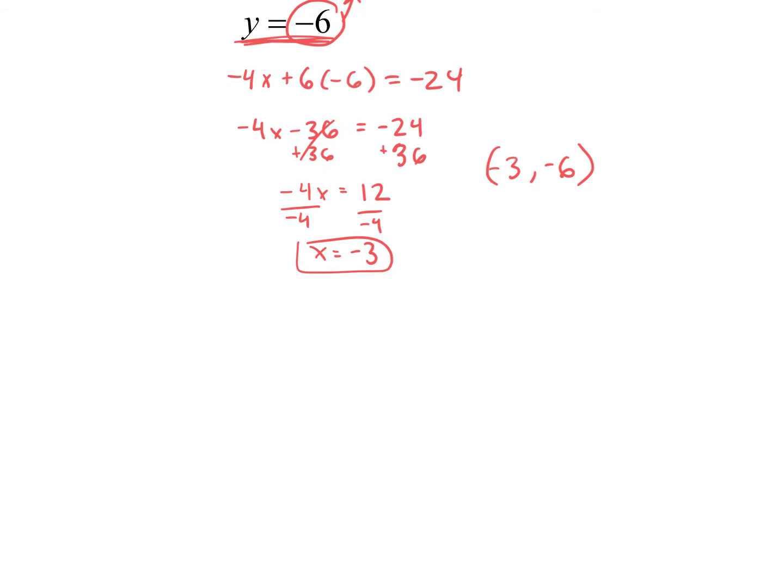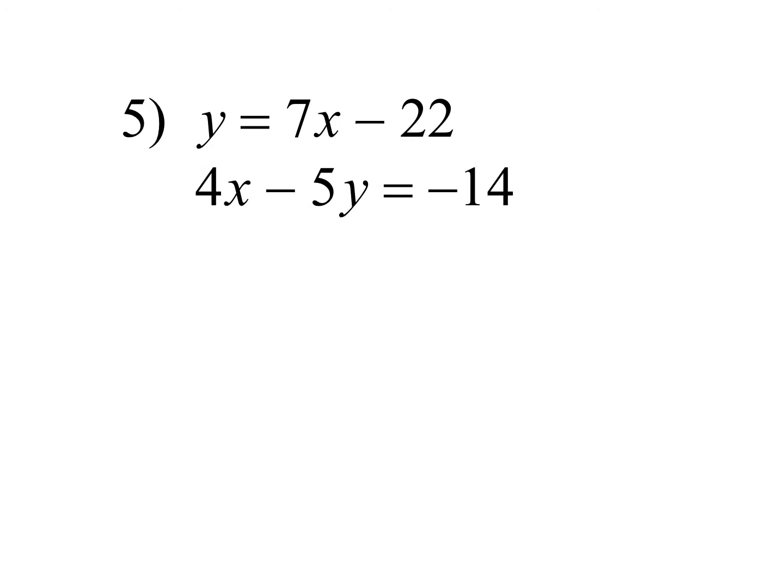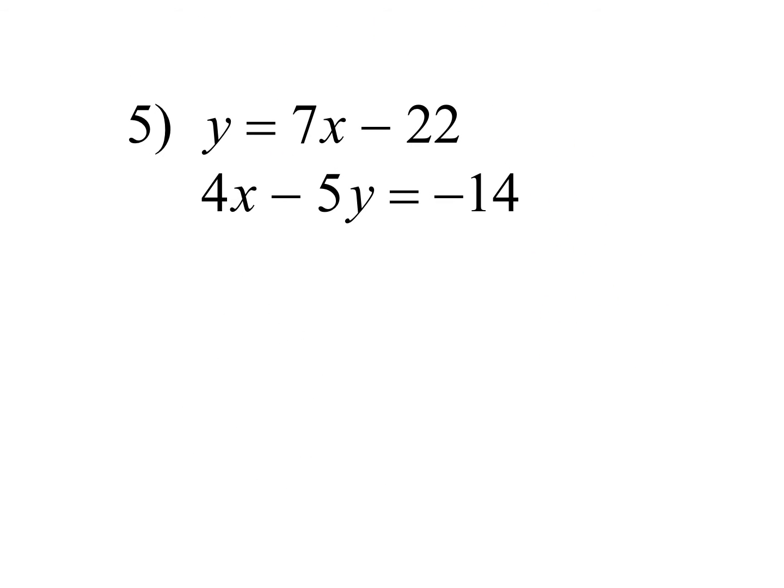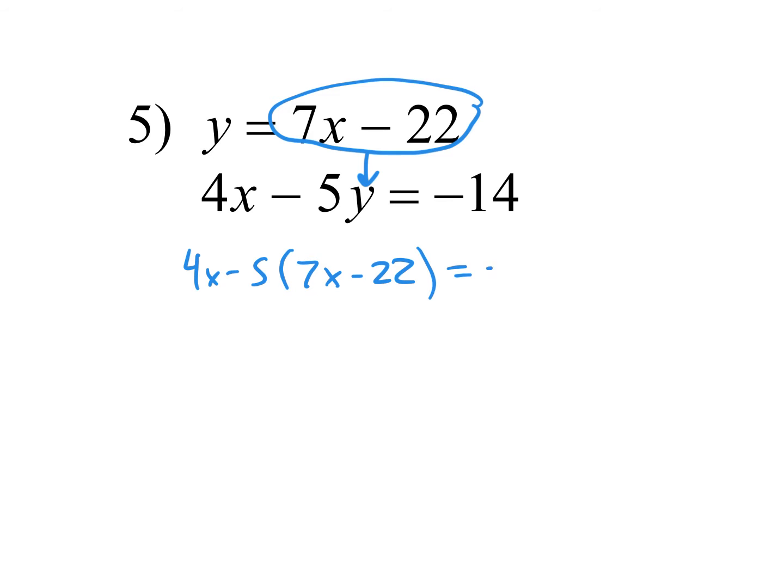All right, let's take a look at number 5. So what should I do first? Anybody? Plug in 7x minus 22 for y. So I'm plugging this in for y. So I have 4x minus 5 times (7x minus 22) is equal to negative 14.